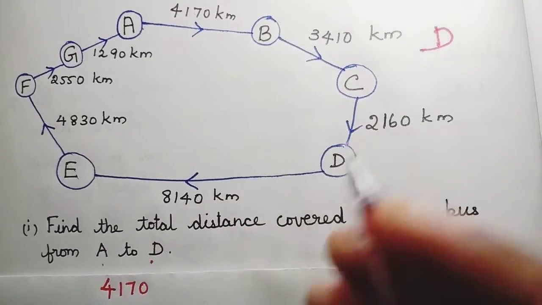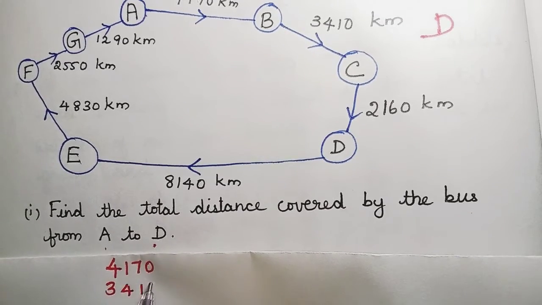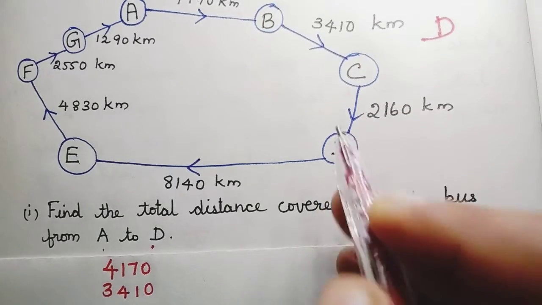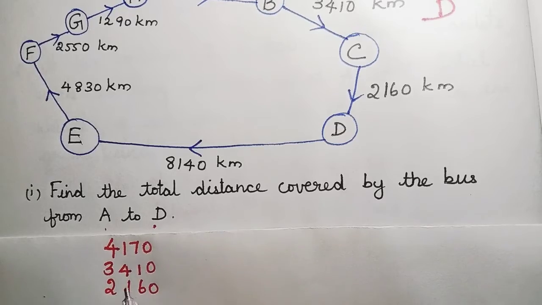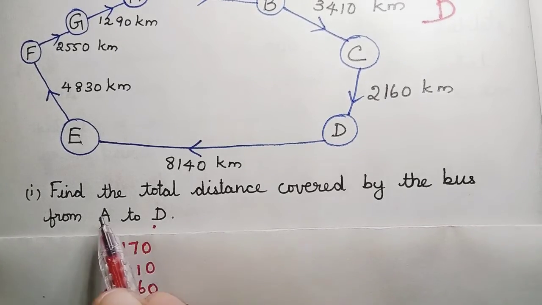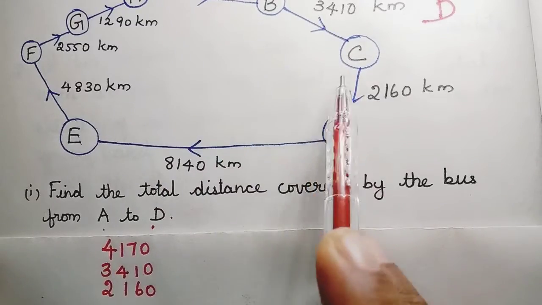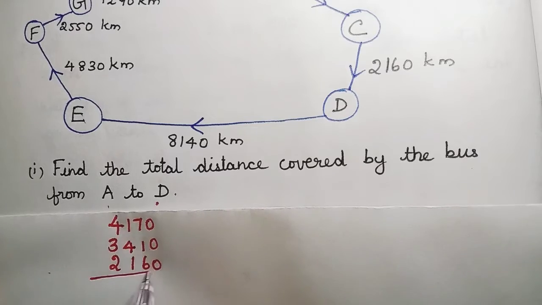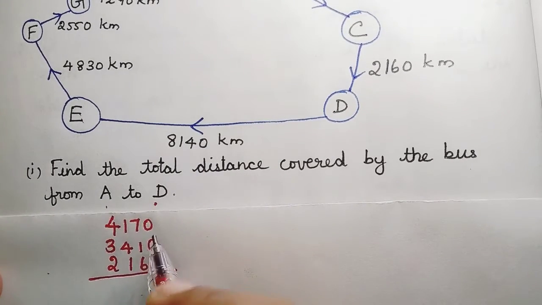Then B to C, that is 3410. Then C to D, it is 2160. So we have written all the terms between A to D. These three distances you have to add together and you will get the value.